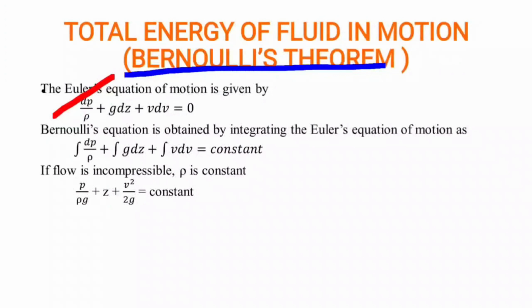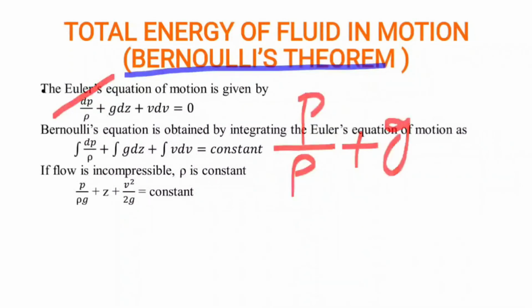Otherwise, in the last we provide material. Please refer to it also, if you want to understand Euler's equation of motion in detail. And Bernoulli's equation is obtained from Euler's equation by integrating it. By integrating, we get p/ρ + gz + v²/2.